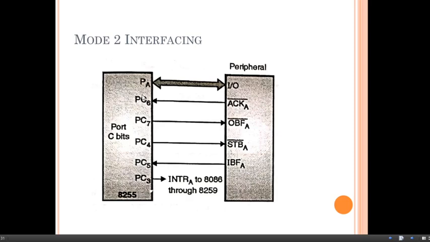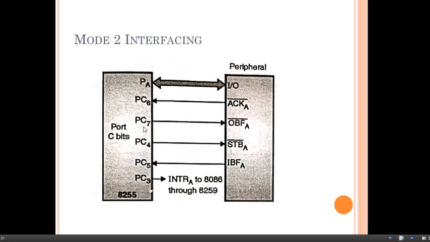That's why port A has input as well as output latch. The transfer of data, or the data received through port A, can be achieved by the handshake signals of port C. As we have seen, the port C handshake signals are PC3, PC4, PC5, PC6 and PC7.